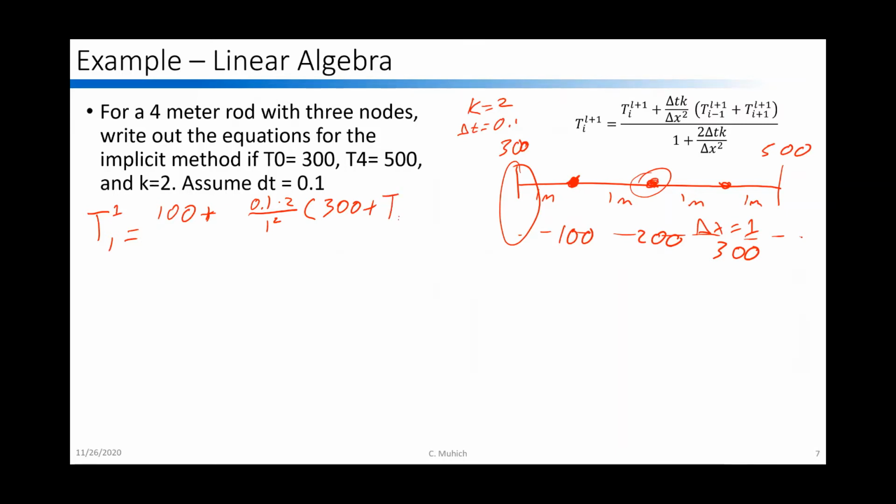So that's T2 at time 0.1, all over 1 plus 2 times 0.1 times k, which is 2 times 1 squared. Okay, so we have all of this information, but now we want to put this into a linear algebra solution.